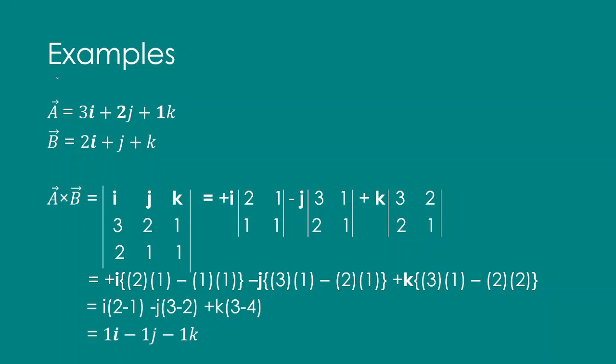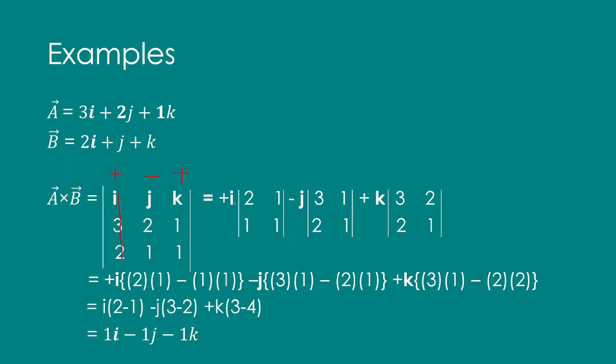Here we have a vector 3i, 2j and 1k, and b vector 2i plus j plus k. Again, we set up the vectors like we discussed earlier. We set up a 3 by 3 matrix, like calculating a determinant, with positive, negative and positive signs. To calculate for i, I cover the i, and now I have 2 1 1 1.